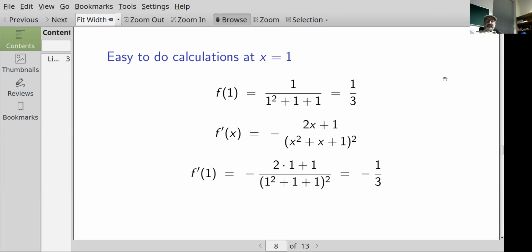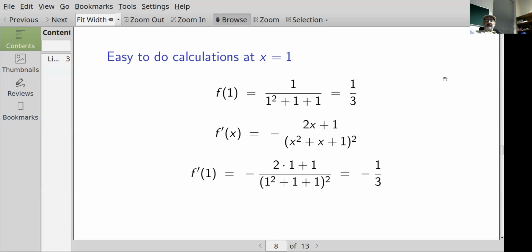So that gives me minus the derivative of x squared plus x plus 1, which is 2x plus 1, divided by x squared plus x plus 1 squared. And if I calculate the value of that derivative when x is equal to 1, I get minus 2 times 1 plus 1 over 1 squared plus 1 plus 1 all squared, and that works out to minus 1/3.